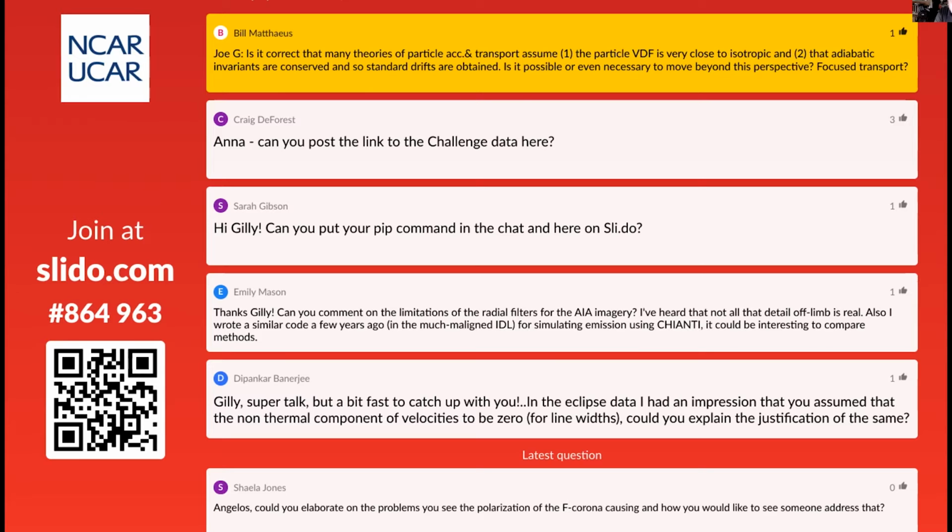How about the second part, Joe? The drifts, yeah. The drifts are included in that as well. Maybe you could expand on that, Bill. Well, there's a lot of acceleration theories that are based on assuming magnetic moment conservation or near conservation and so forth.